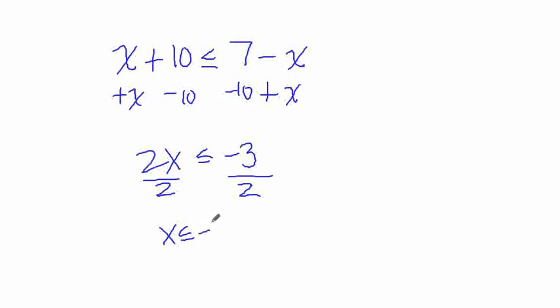So x is less than or equal to -3/2. So the solution to the inequality I started with is an infinite number of values that satisfy it. You can replace x with any number that's less than or equal to -3/2.